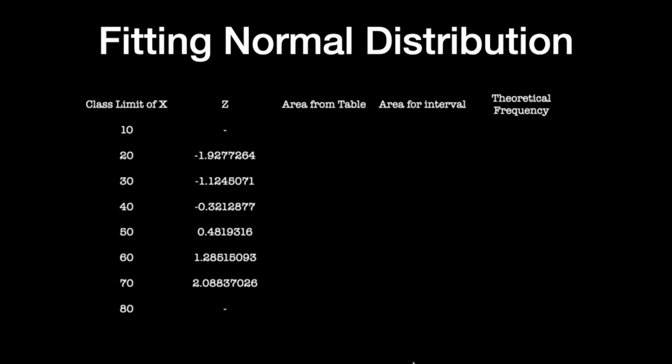And for 50, we have 0.48. For x being 60, we have 1.28. For x being 70, we have 2.08. And we know that we will not be calculating the standard normal variate for the first value of x and the last value of x, so we have left blank values there.